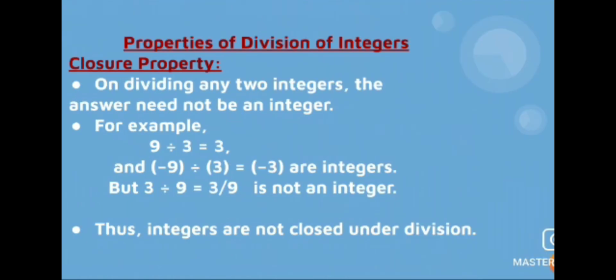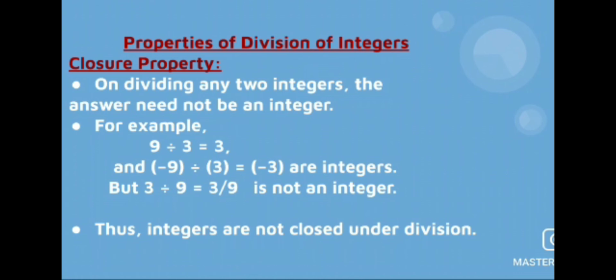Now let us discuss properties of division of integers. First one is the closure property. On dividing any two integers, the answer need not be an integer. For example, 9 divided by 3 is equal to 3, and minus 9 divided by 3 is minus 3. These two are integers, but it is not applicable for all numbers. For example, 3 divided by 9 is 3 by 9.